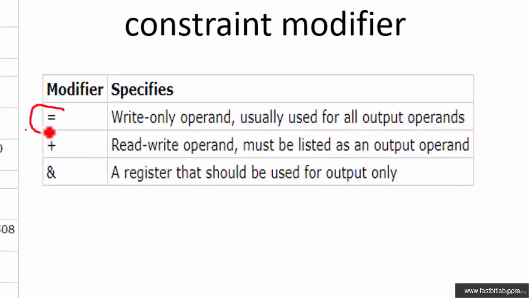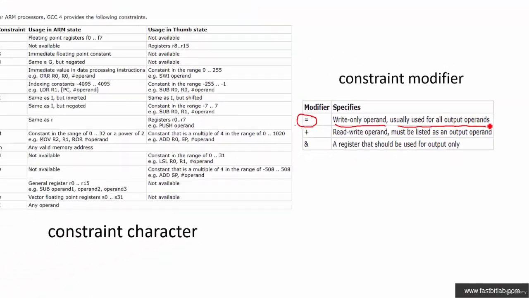Here the constraint modifier is equal to. That means write only operand, usually used for all output operands. Whenever you are using output operands, you have to use this equal to operator as constraint modifier. That tells the compiler that the operand is write only. That means the register that the compiler has chosen for that operand will be write only.